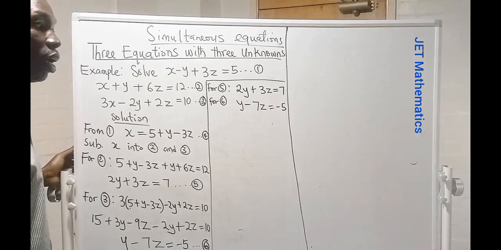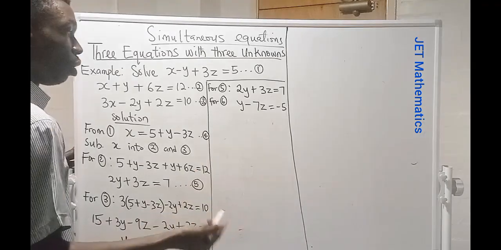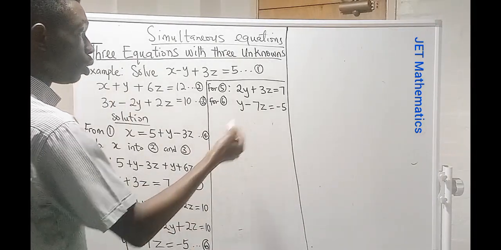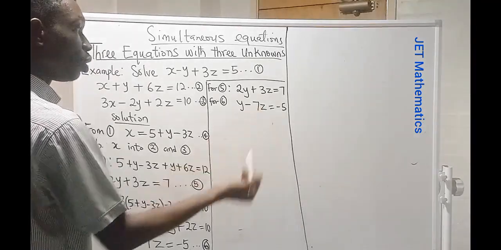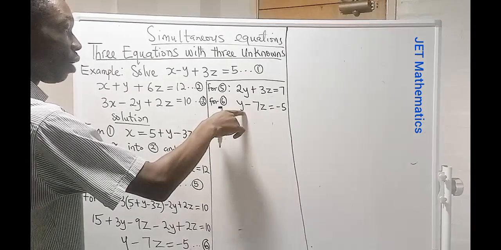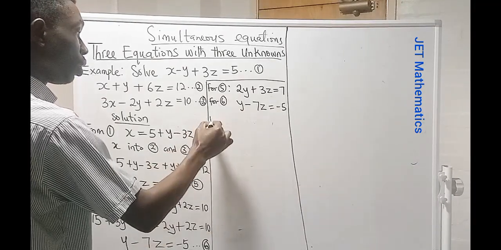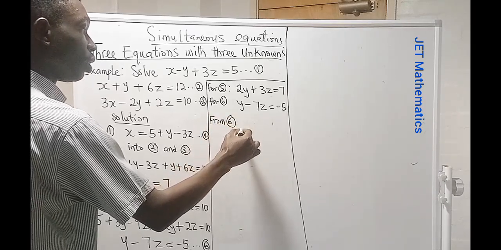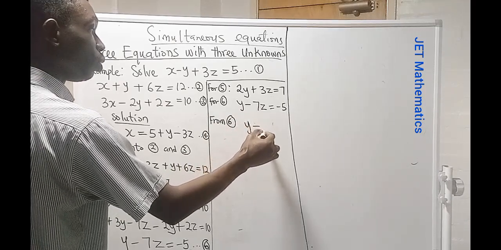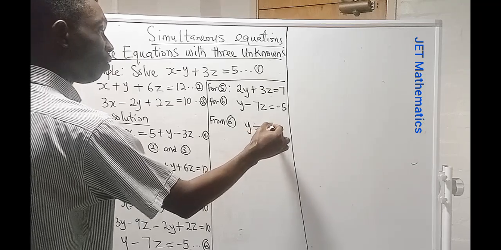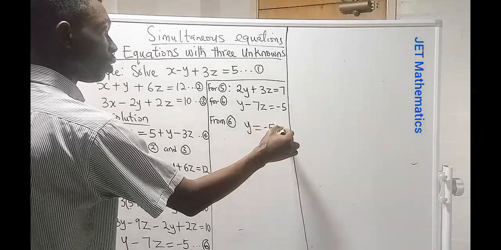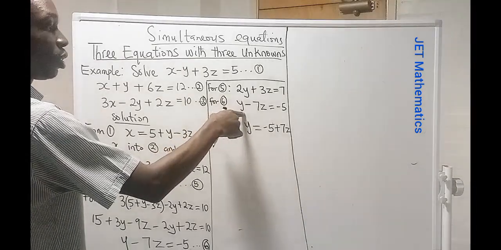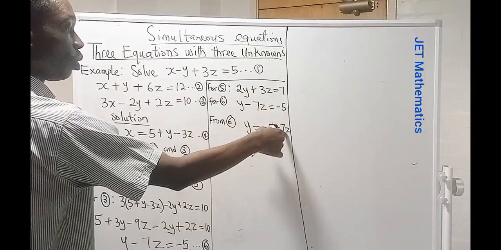I'm going to use the elimination method, or we can even use the substitution method as we have discussed in our previous videos. So okay, let's use the substitution method. From 6, we'll say that y is equal to minus 5 plus 7z. We make y the subject from 6. We have minus y, then this goes here, becomes plus 7z.